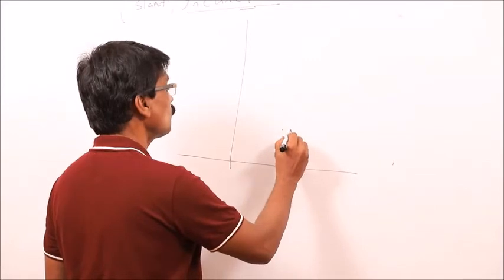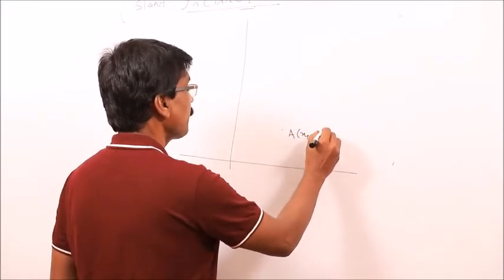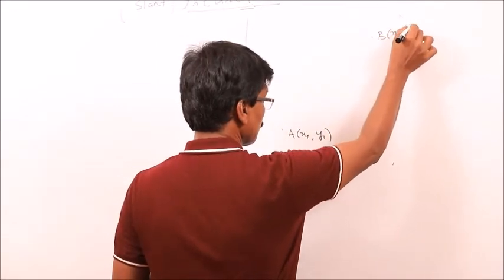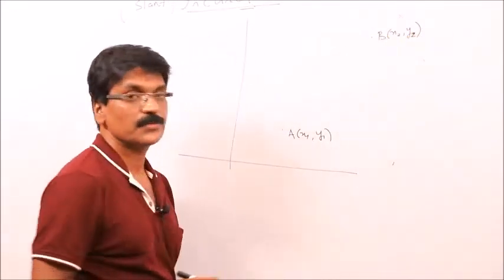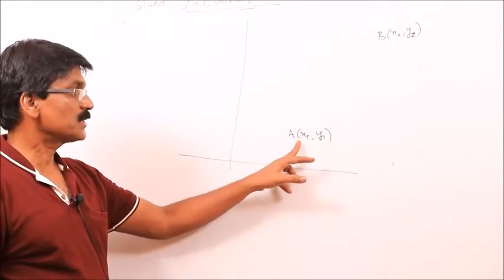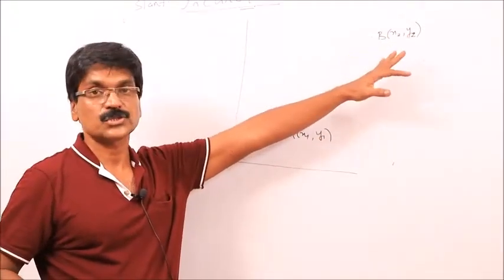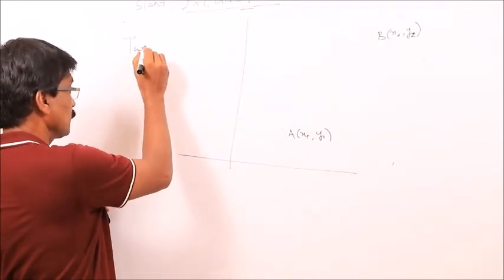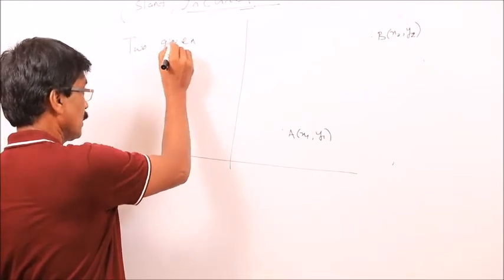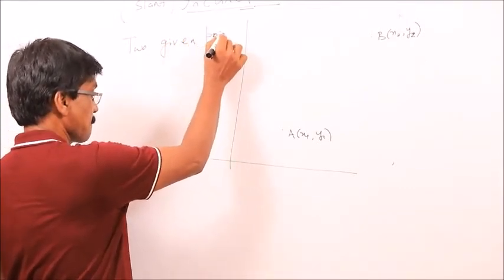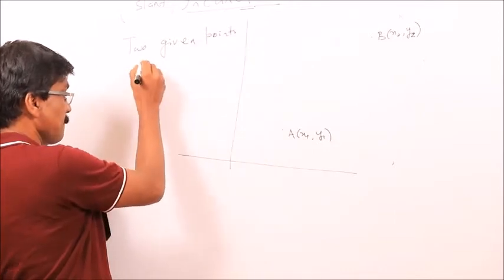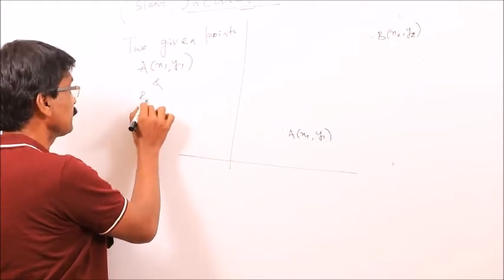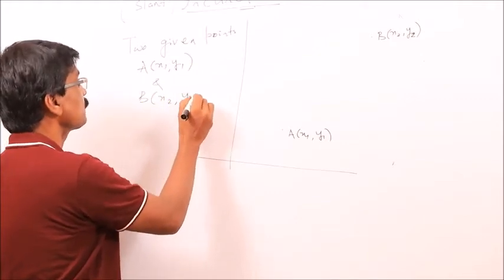Suppose we are given two points, one is x1 y1 and the other one is x2 y2.